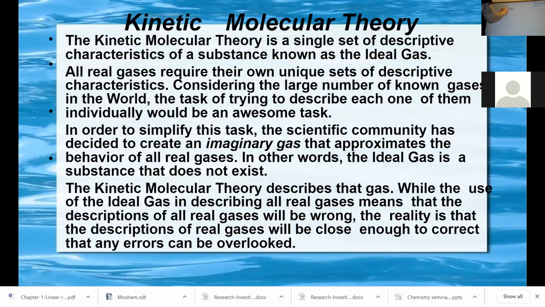And it's imaginary. But we have made it to behave exactly like the sum of all of the real gases. So this number here, R, is an approximation of all of the gases.